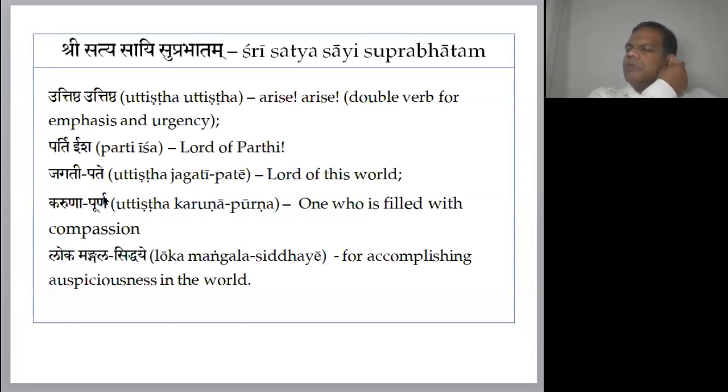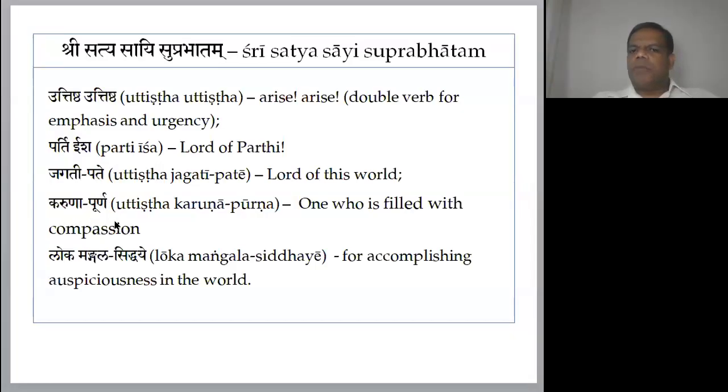There are a couple of words which are used for Jagati, Jagat or the world. One is Jagat, which is a neuter gender word. Jagati is a feminine gender word. It refers to earth or the world or universe, however you look at it. We will again look at Jagati later on. Pate means the Lord. So we are addressing the Lord. All this, Partisha, means we are calling out to the Lord. Jagati Pate also calling out.